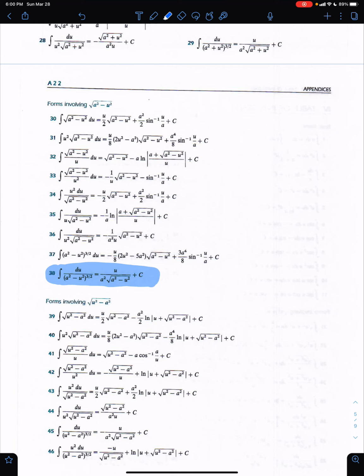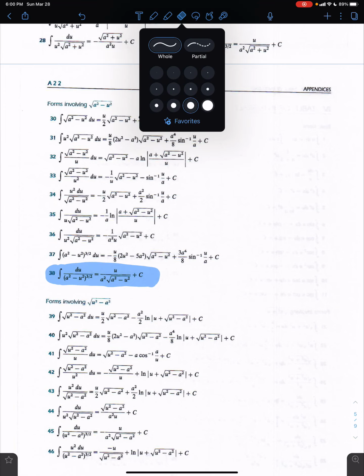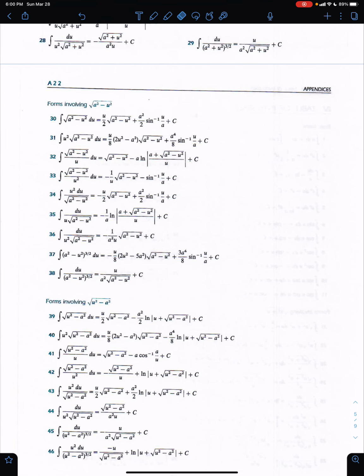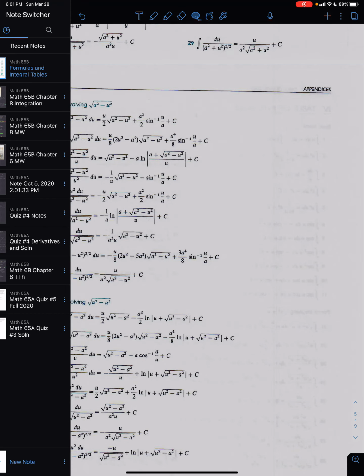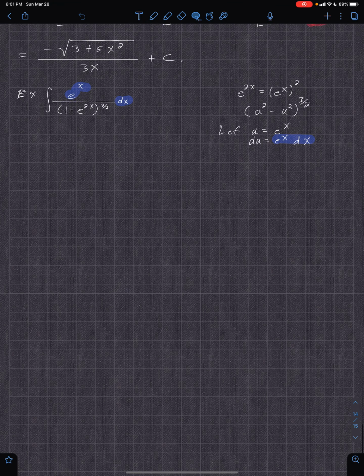And is it that form? Well, you have a 1 up here, and then a squared minus u squared. So yeah, if we do the right substitutions, I think we can force our formula to look like that. So let's copy that over, and we'll see how to work with it. So let's bring that back and paste it in here.